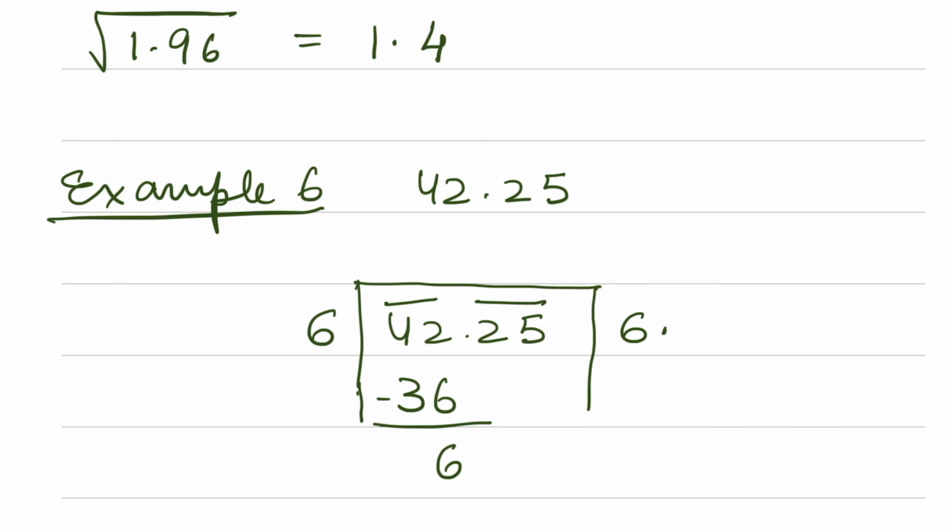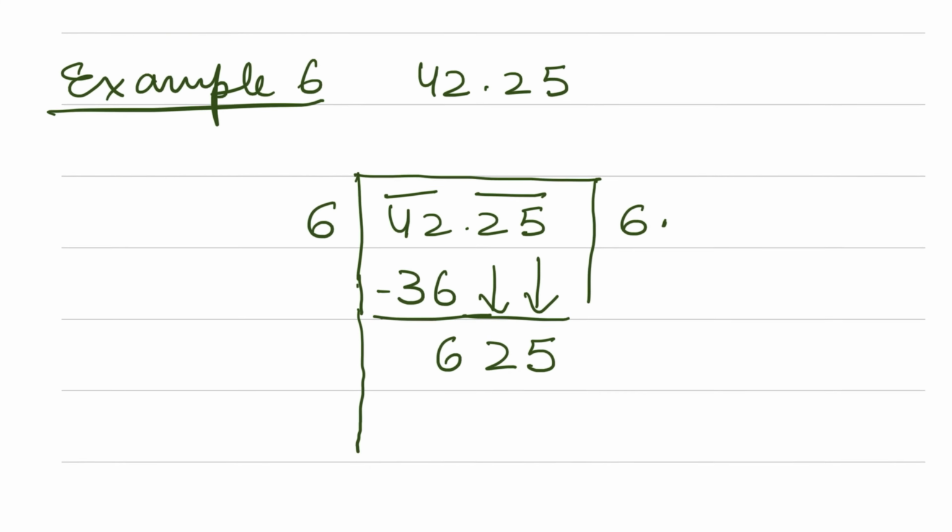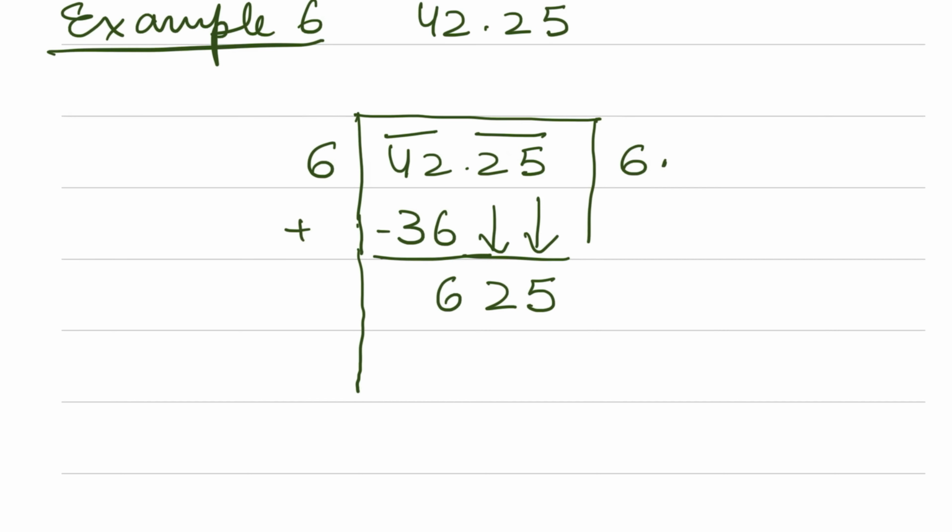I'll put a decimal point because I am taking down the digits after the decimal point. So 2, 5. Here on the divisor side, I get 6 plus 6, so I get 12 here. Now I have to think of a number for the units place such that if I multiply with the same number, I should get less than or equal to 625.